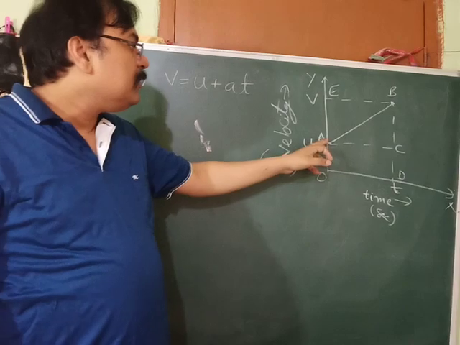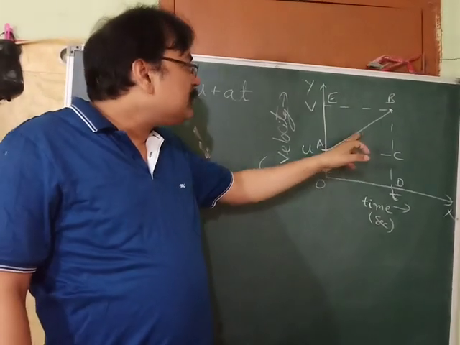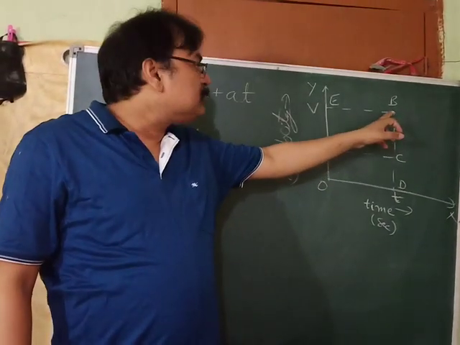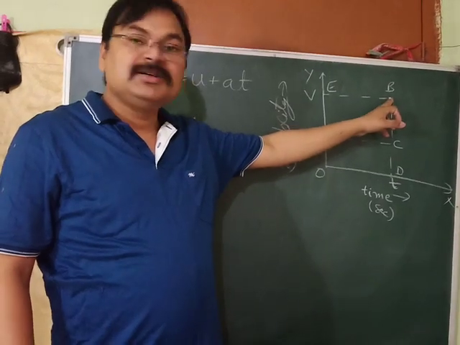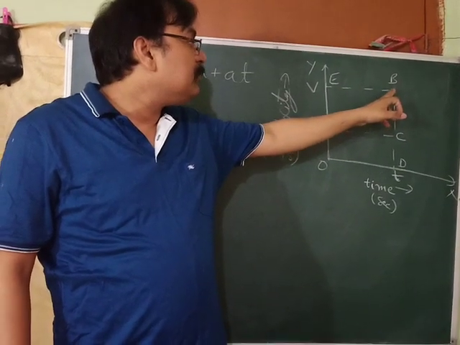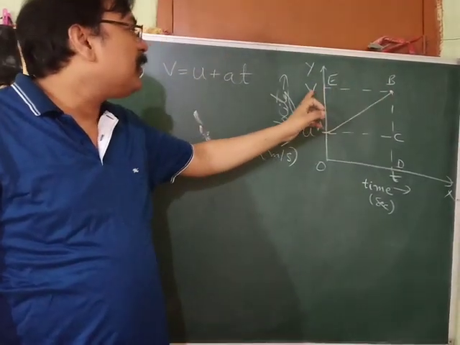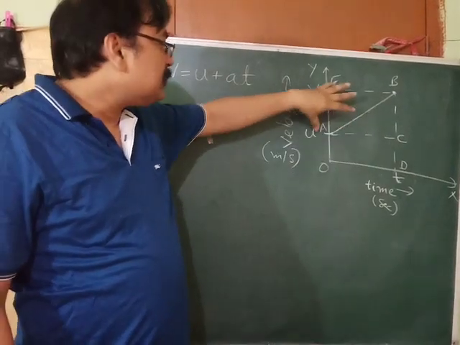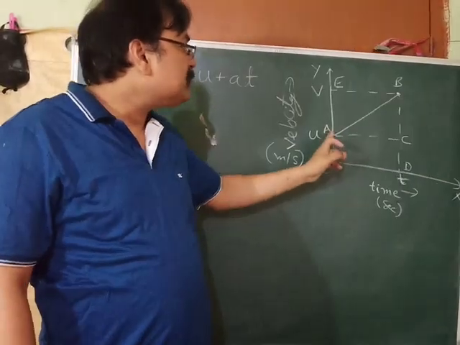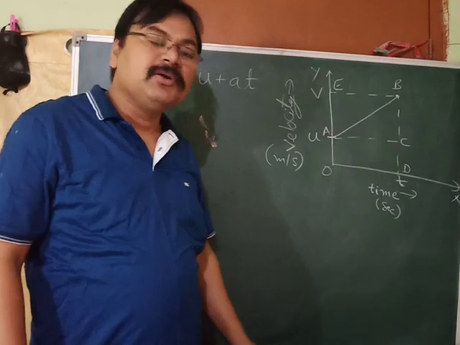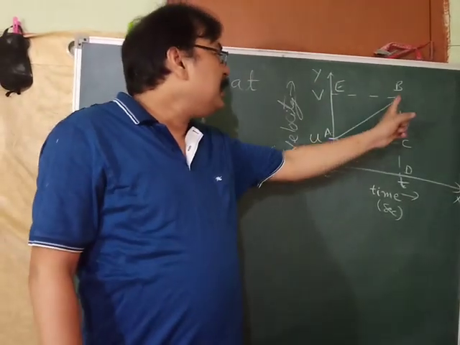The observer kept observing, and at the last moment when the vehicle just disappeared from his sight, its velocity was v. So the velocity-time graph is from A to B.